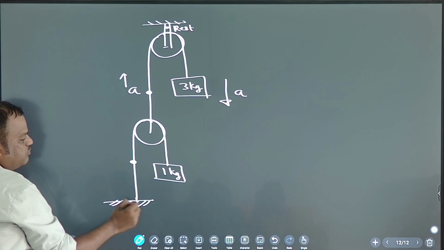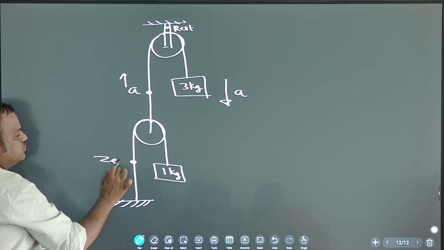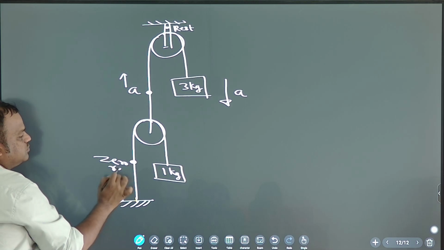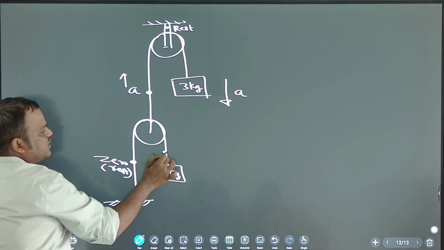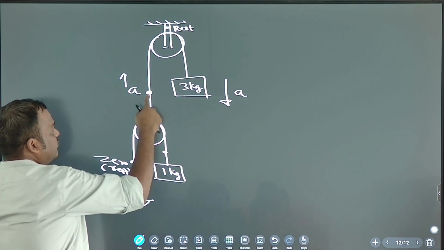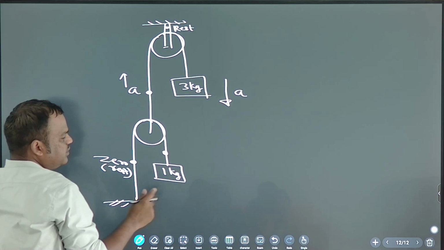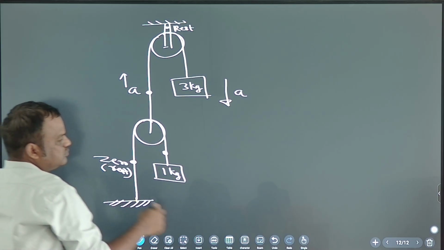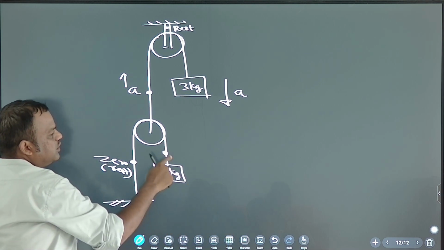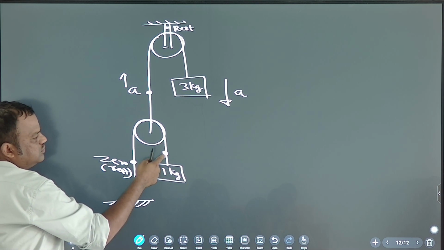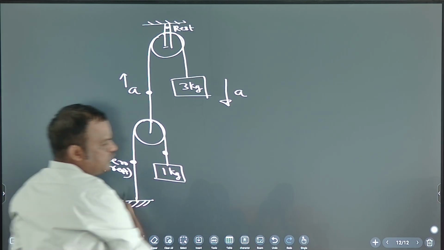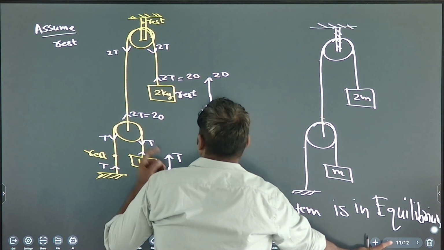It is connected to the floor, so 0. This point is at rest. So what is the acceleration of this point? Tell me, we have done this. How much? 2A or A by 2?